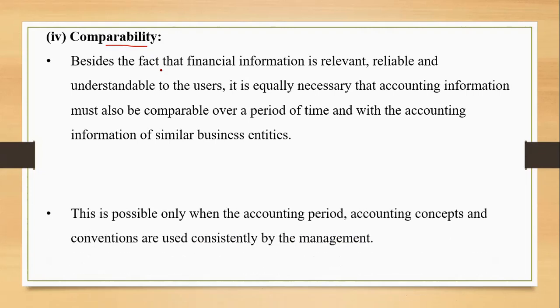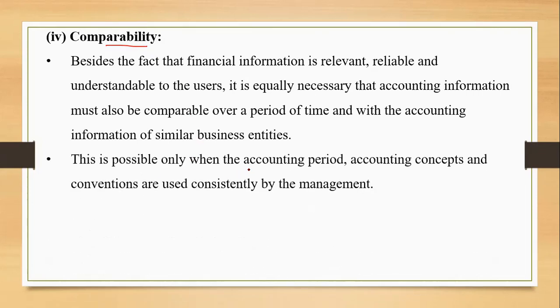This is possible only when the accounting period, the accounting concepts and the conventions are consistently followed by the management. Okay, clear? After the three basic features, relevant, reliable and understandable, comparability is also a very, very important factor.